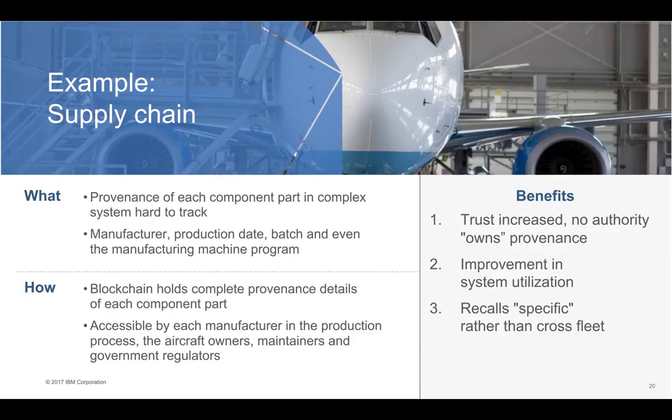So trust increases, we improve overall utilization of the system, and eventually the notion of recalls and tracking and tracing leads to an enormous amount of efficiency that we have seen in the system.